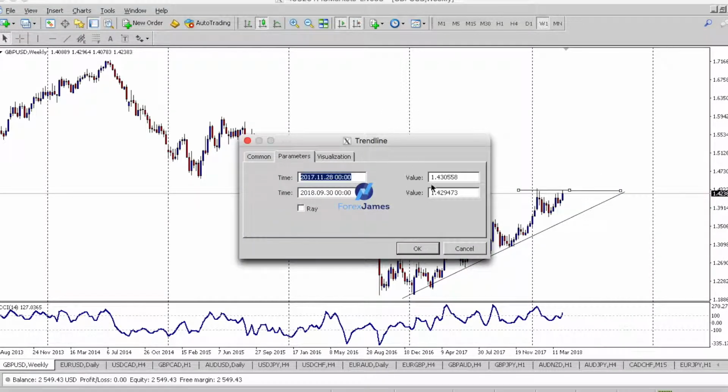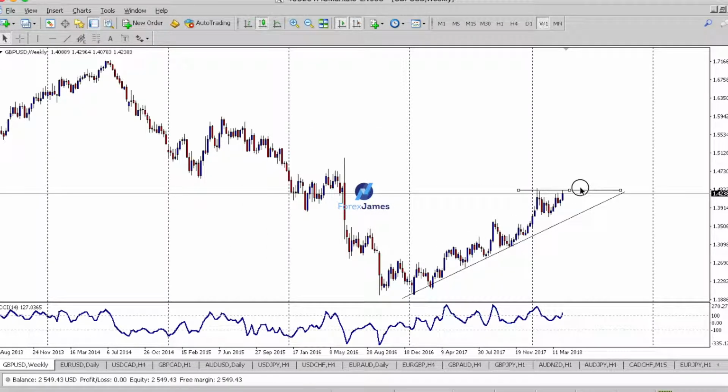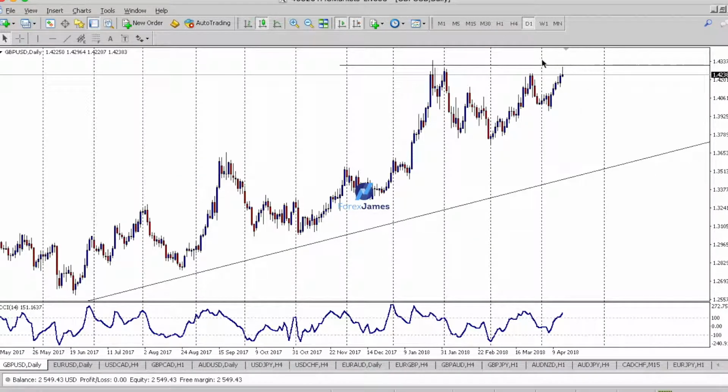Sorry, bear with me. Okay. So this is a move up. This is what I call a trend, a momentum move, and this is a range. So since we're in a range, we'll trade tops and bottoms.